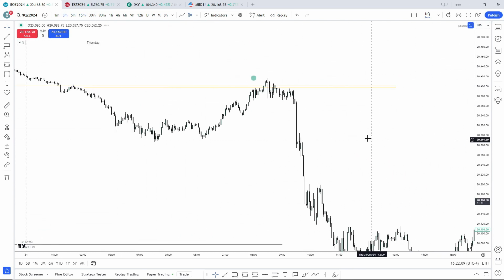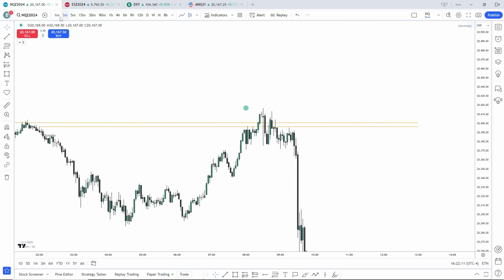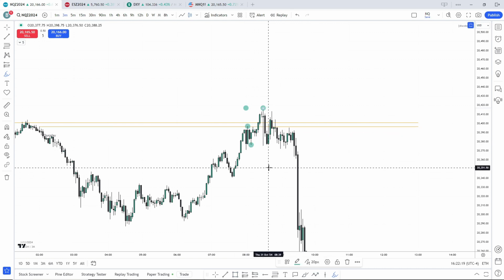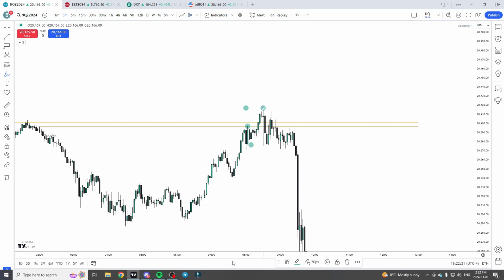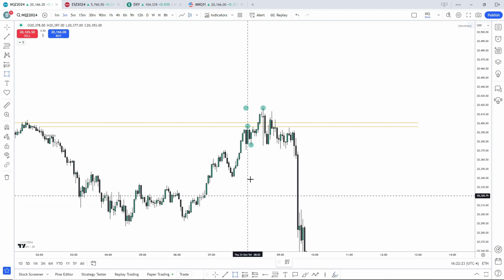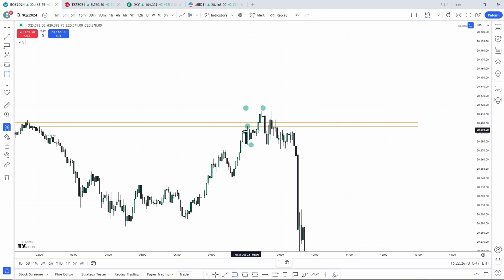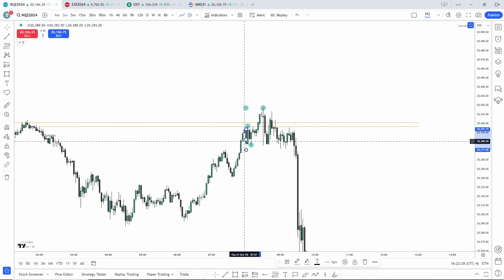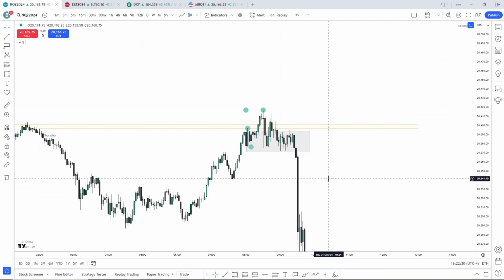This one was a tricky one. You could use 1 minute, 3 minute, whatever. You could just say, well, let's find our swing high, swing low, higher swing high. You could probably just use this down close candle here, or this one. This one kind of engulfs the one next to it.